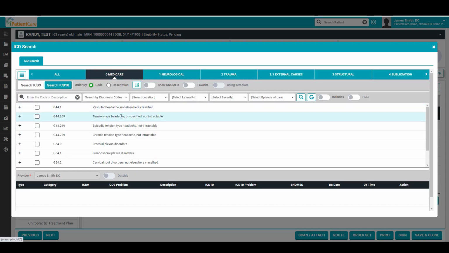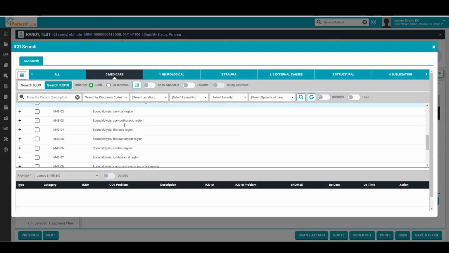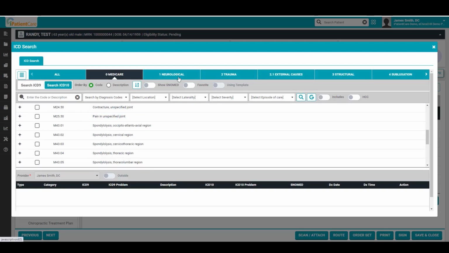Likewise for Medicare diagnosis codes, trauma, external cause factors, structural, subluxation, and by selecting that right arrow button, you can see that further categories can be developed. And as you think about your practice, these particular categories can have whatever you readily identify as a system to help you find the diagnosis codes quickly.